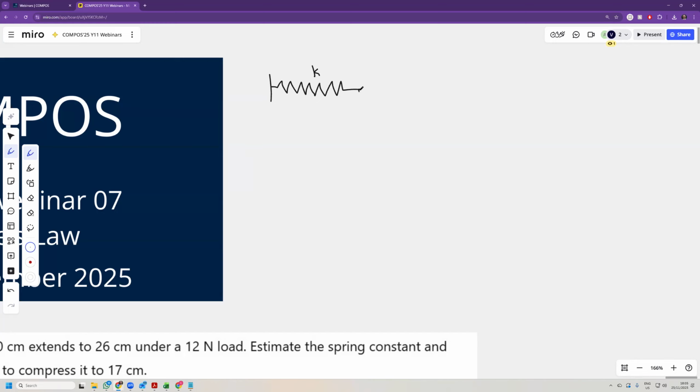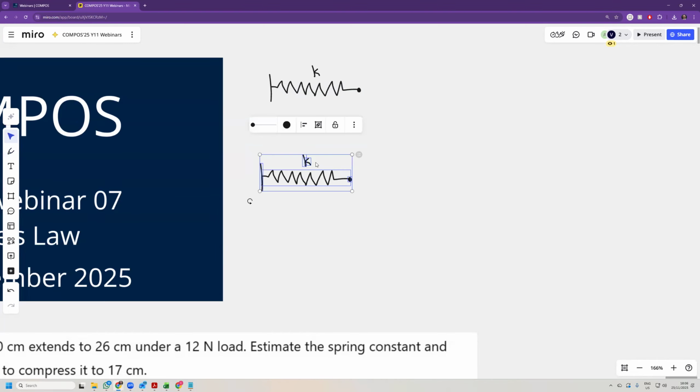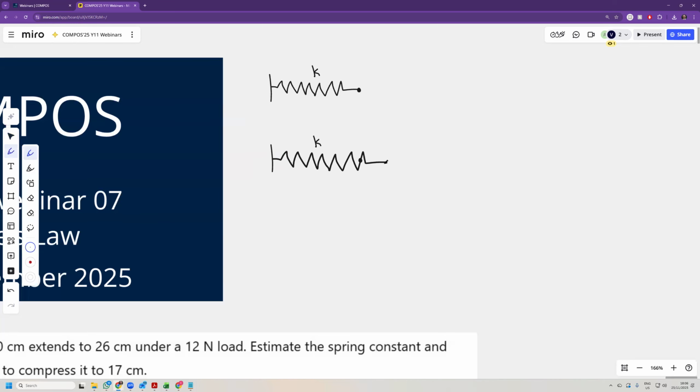Now, if you apply a force to this spring, let's copy that spring, the spring gets longer. So imagine we're pulling with a force F, and this value is called the extension, delta x.